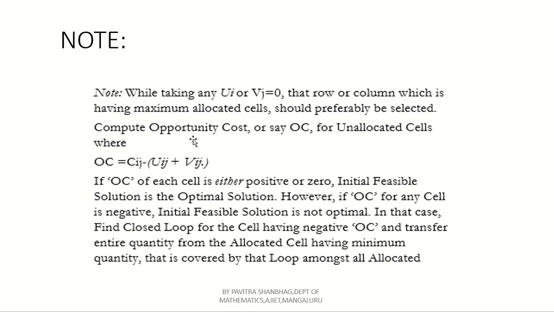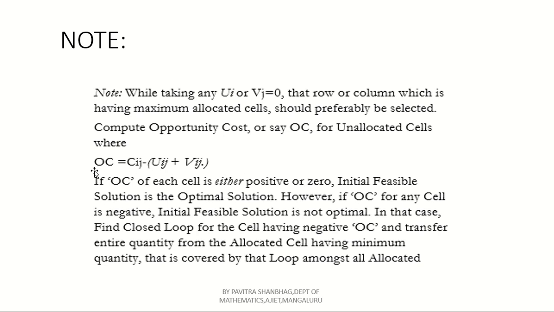Compute the opportunity cost, or OC, for unallocated cells. Okay, what is that opportunity cost? That is OC equal to Cij minus (Ui plus Vj). You have to use this opportunity cost formula for the unallocated cells.